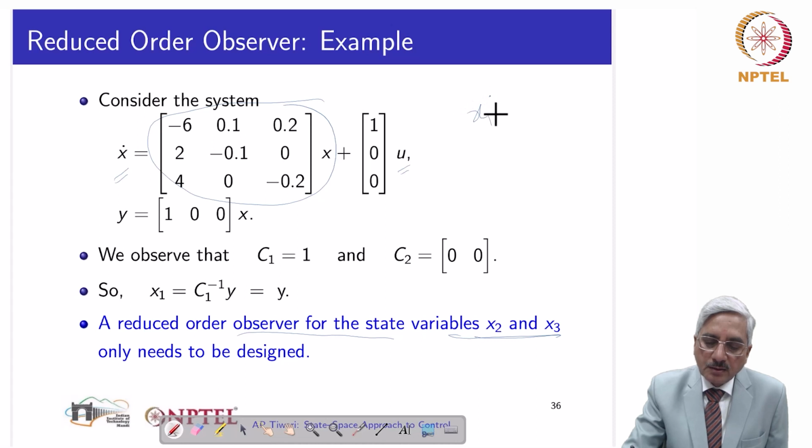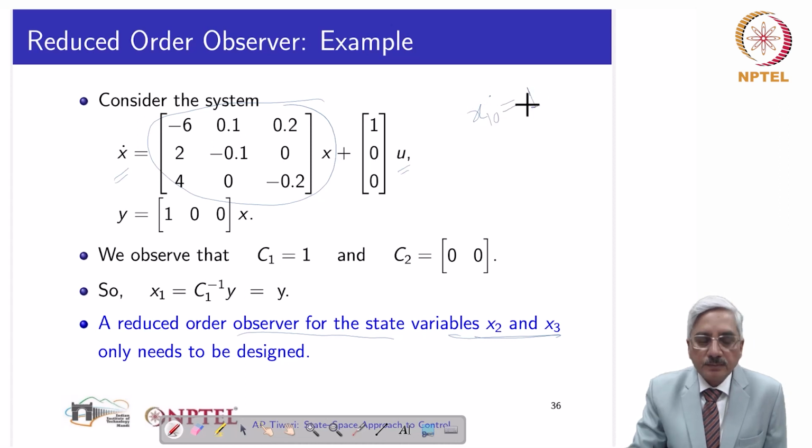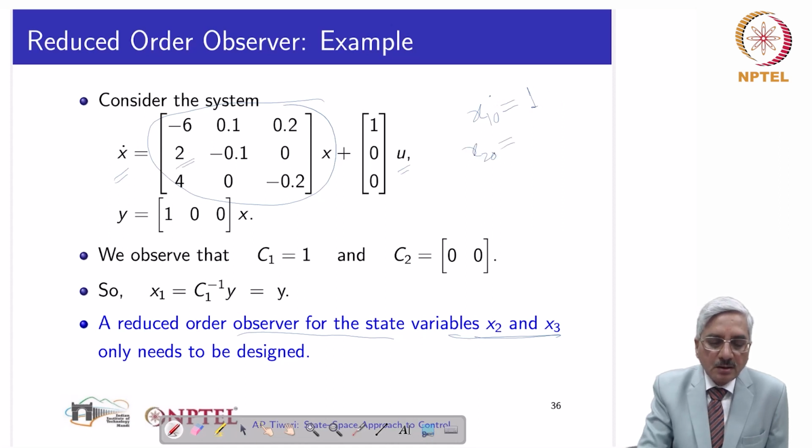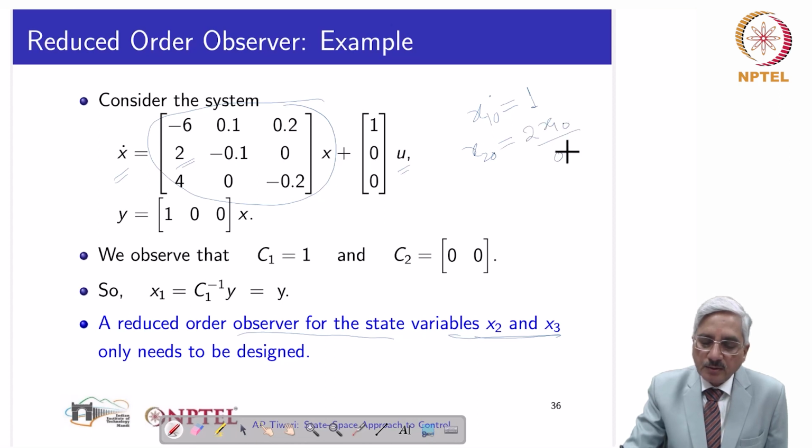So what we get, this times x0 equal to 0, and you can see that x10 we have to assume, we assume it as 1. x20 will be 2 times x10 divided by 0.1, and x30 will be 4 times x10 divided by 0.2.